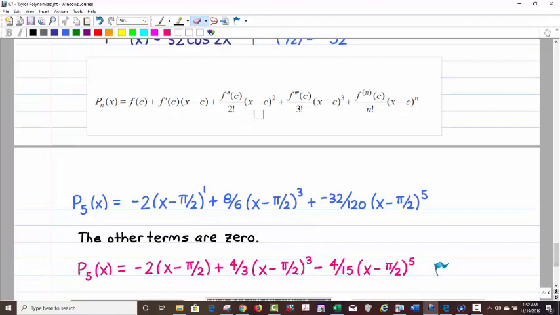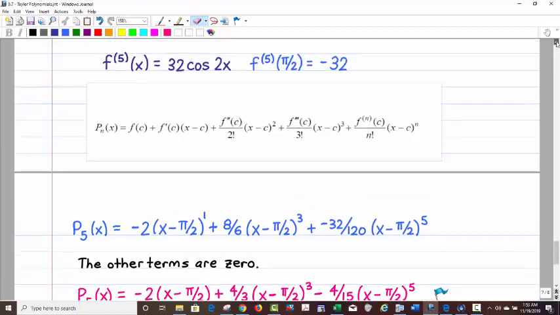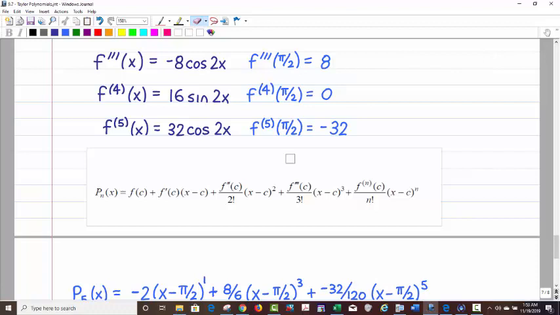So I just skipped over the ones we didn't need, like this one, and then this one right here, and then the fourth we won't need. But for this one, f prime of pi over 2 was negative 2 times x minus pi over 2, plus we jump over to the third. The f third derivative, f triple prime, whatever you want to call it, of pi over 2 is 8.